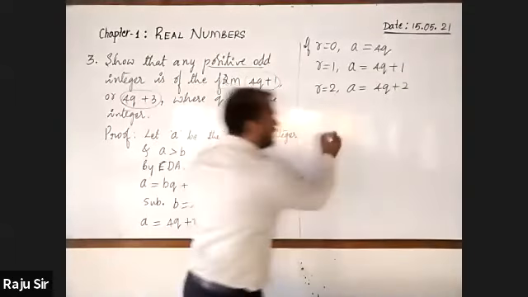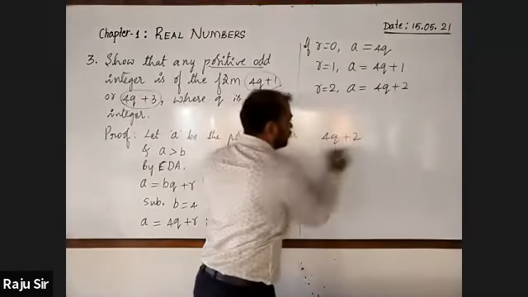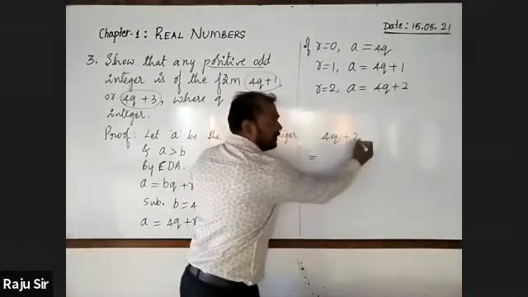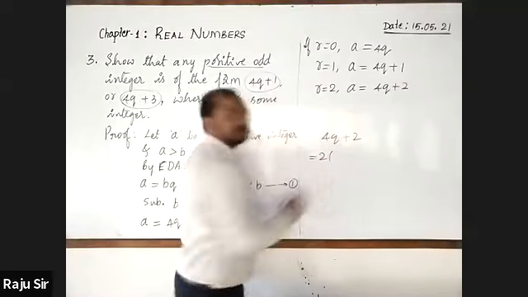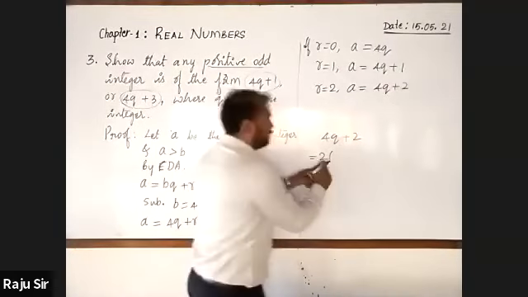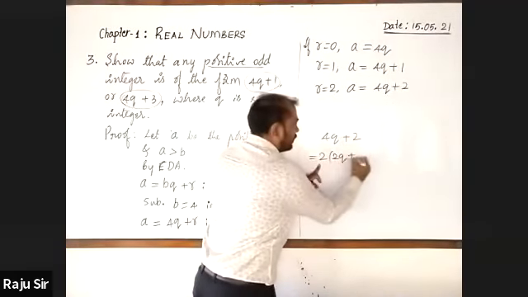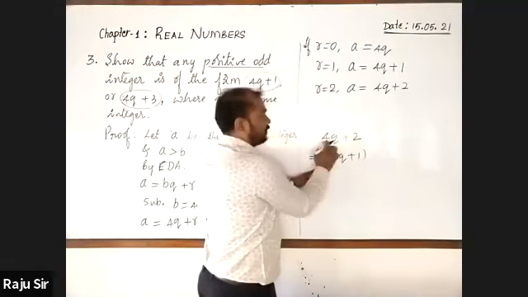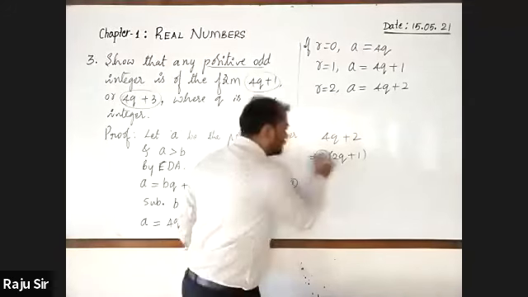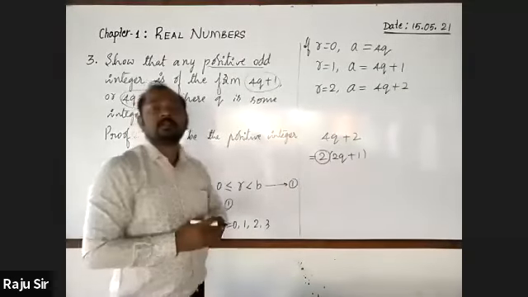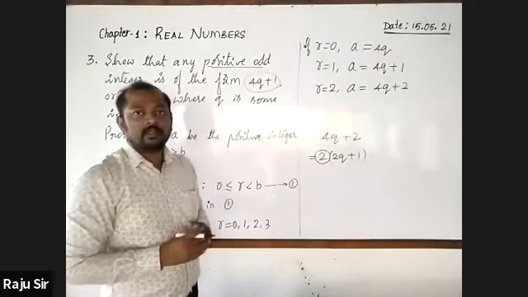Now let us check whether 4q plus 2 is an even number or not. We can take 2 as a common factor. Then you will get 2 into 2q plus 1. See that this is a multiple of 2. Hence, it is an even number.